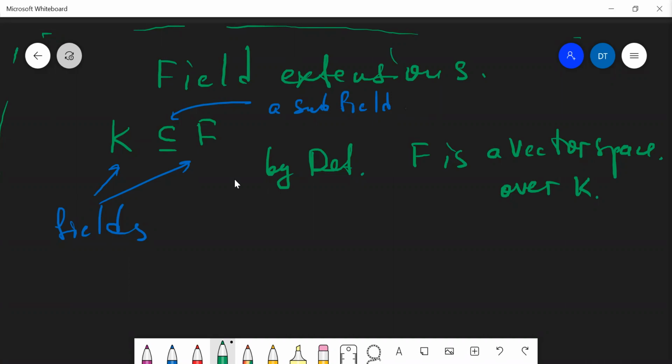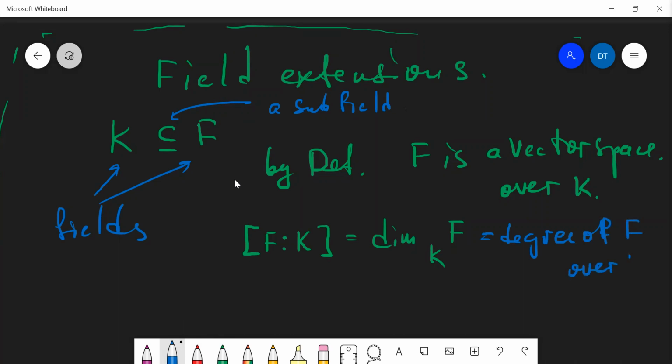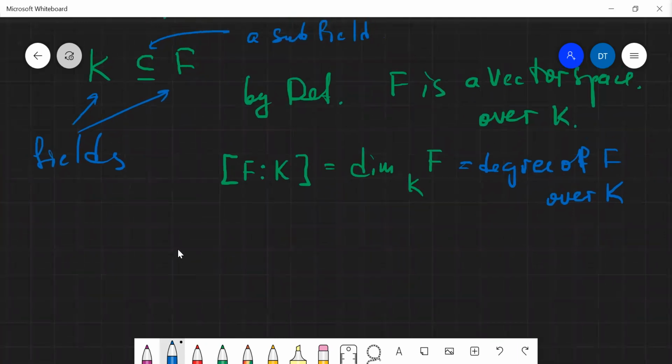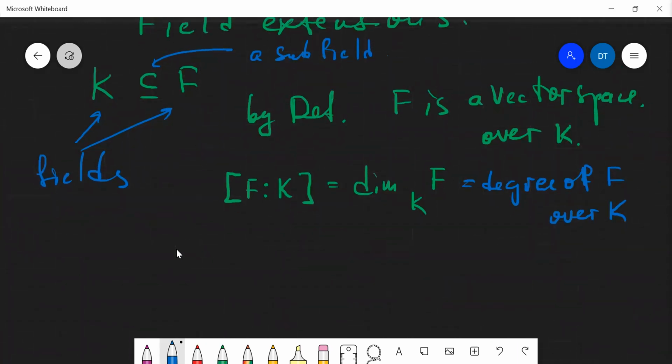We denote the dimension of the vector space F over K by this symbol. So this is the dimension of F over K, and it's called the degree of F over K. This is just a new name for the dimension.